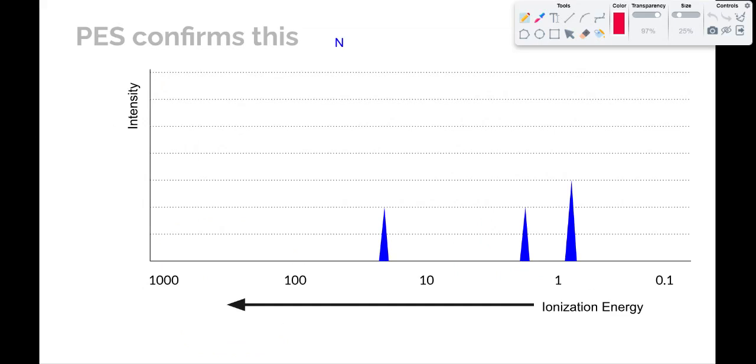PES confirms this idea because if you think about, we'll just look at a few examples here. Think about nitrogen with its 1s subshell closest to the nucleus, small radius, that means the denominator is small, so that would tend to make the electrostatic attraction big.